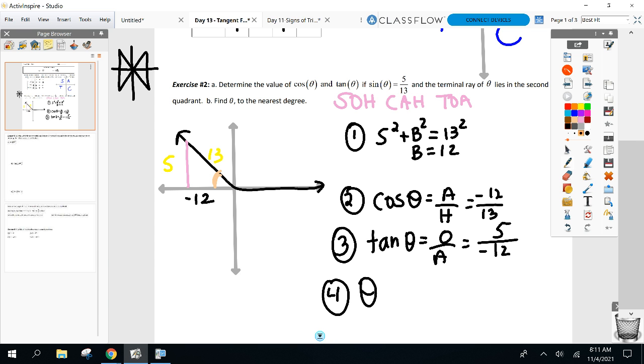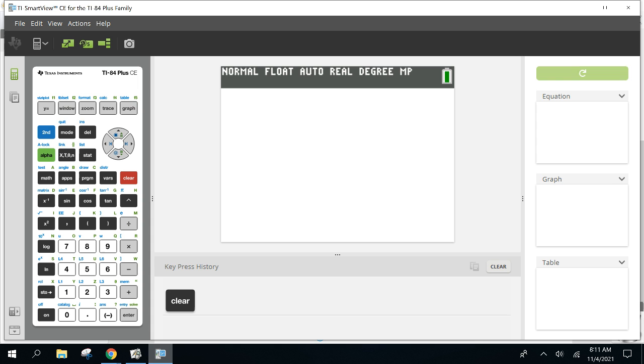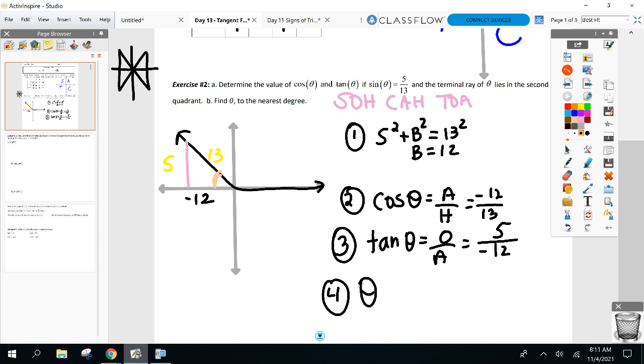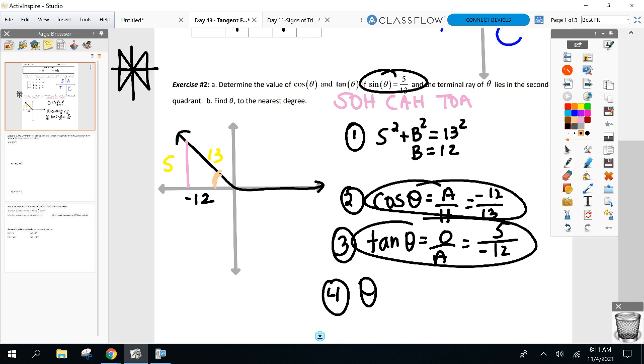Well, yesterday, I had you guys use the inverse button. We're going to keep using the inverse button. I asked you guys to pick the one that's what, though? Because I could use sine, I could use cosine, or I could use inverse tangent. I could use any one of those. What do I prefer you use, though? The positive one, which is what out of the three? Sine. Don't say sin, say sine.